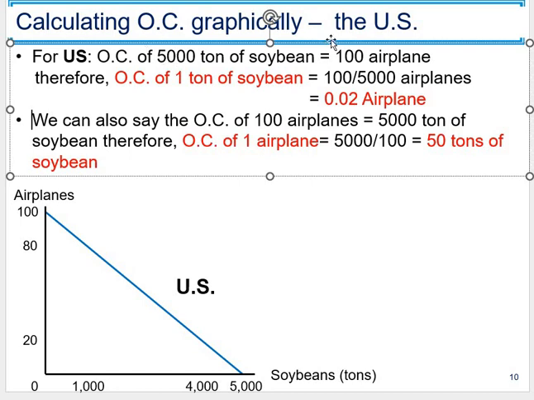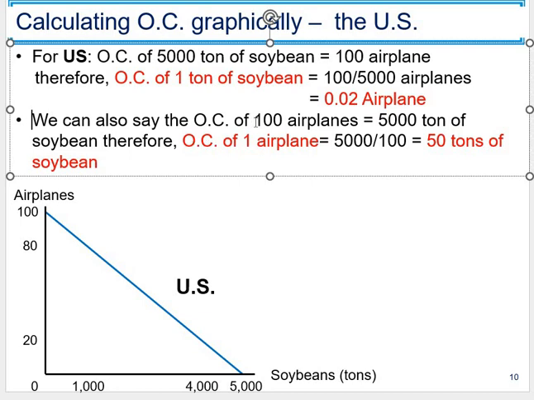From this same equation, we can also say that the opportunity cost of 100 airplanes is 5,000 tons of soybeans, right? Because if we're producing 100 airplanes, then we are also giving up the opportunity to produce 5,000 tons of soybeans. So the same equation as in the first row: 5,000 tons of soybeans equals 100 airplanes.